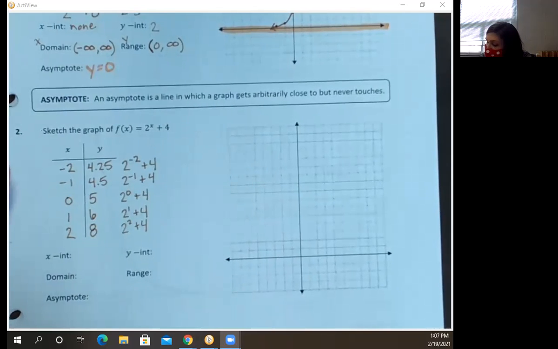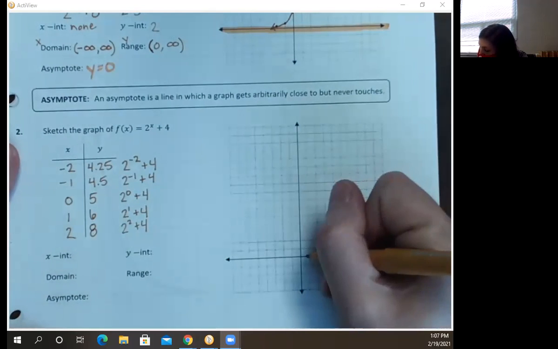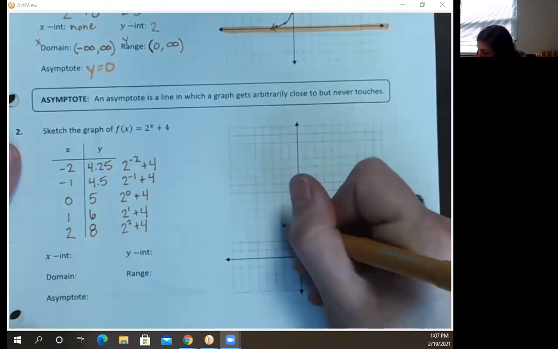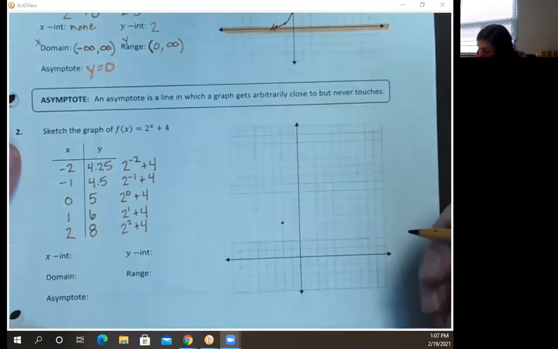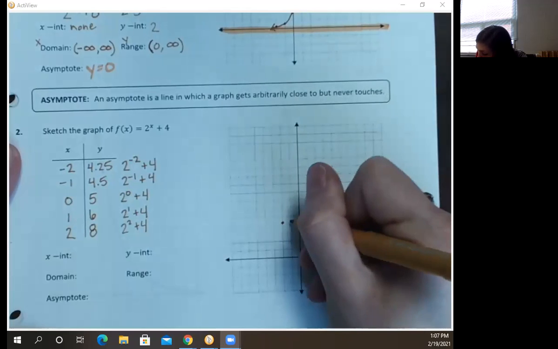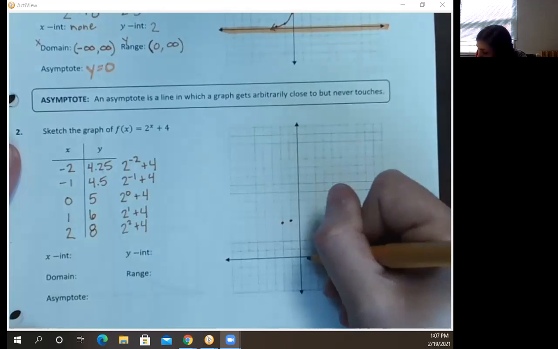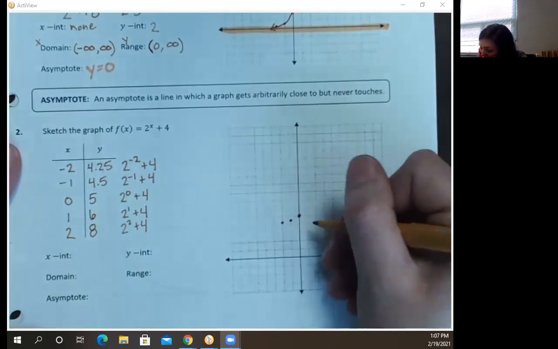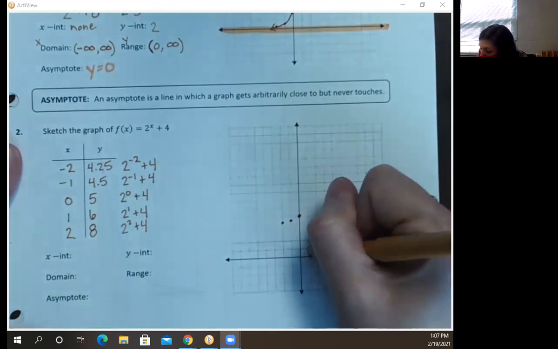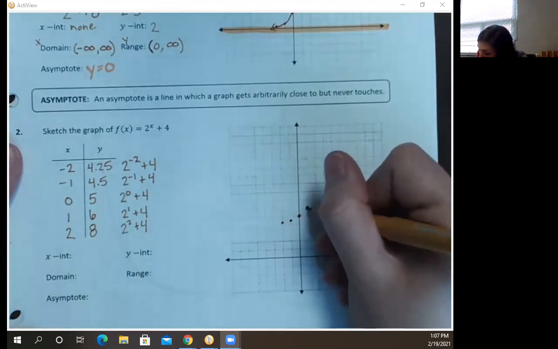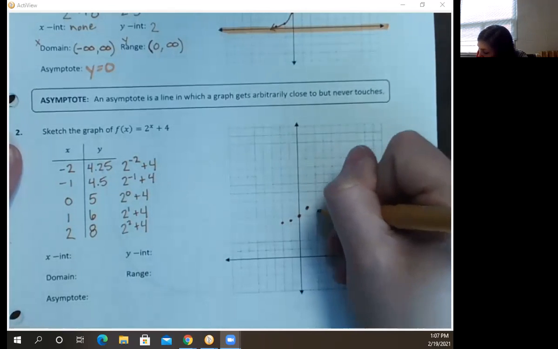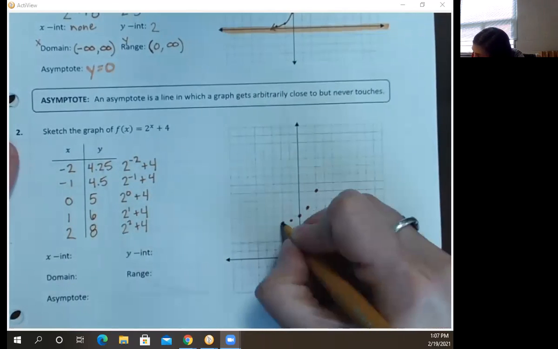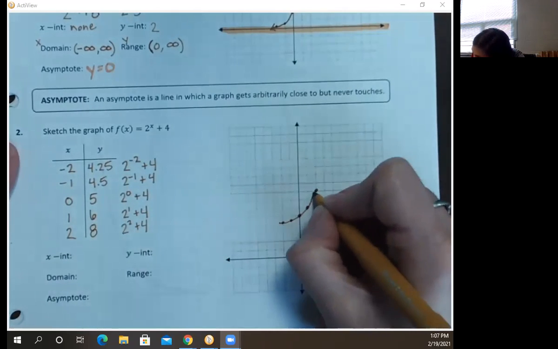Now I'm going to plot these. So negative 2, 4.25. Negative 1, 4.5. 0, 5. 1, 6, and then 2, comma 8. I'm going to connect my points.